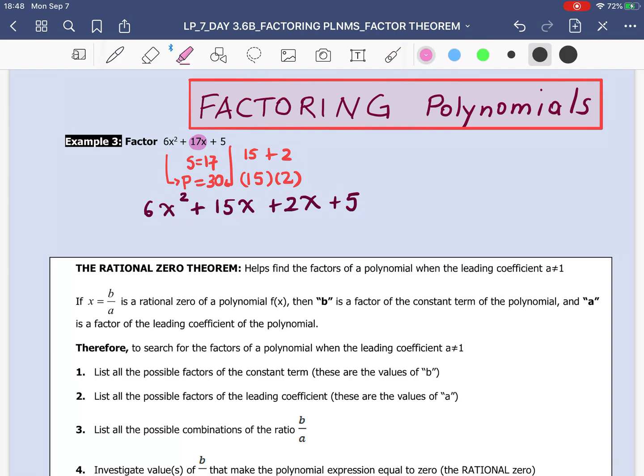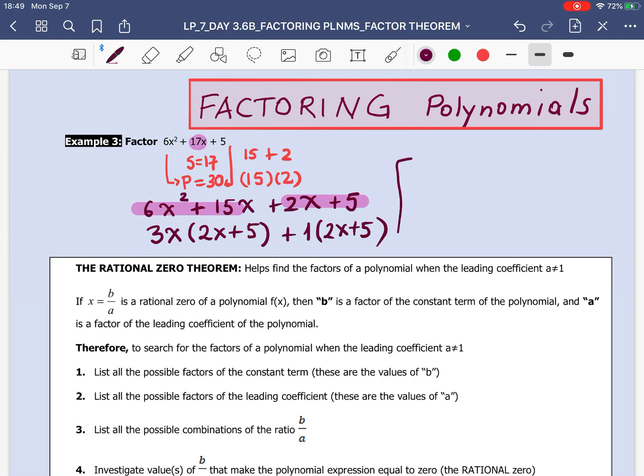Now the next thing that we want to do is group the first two terms together and the last two terms together, and take out the greatest common factor from the first two terms. In our case it is 3x, and in brackets we're left with 2x plus 5. In the next group of terms, we don't have a common factor. When that's the case, we write 1 times (2x plus 5).